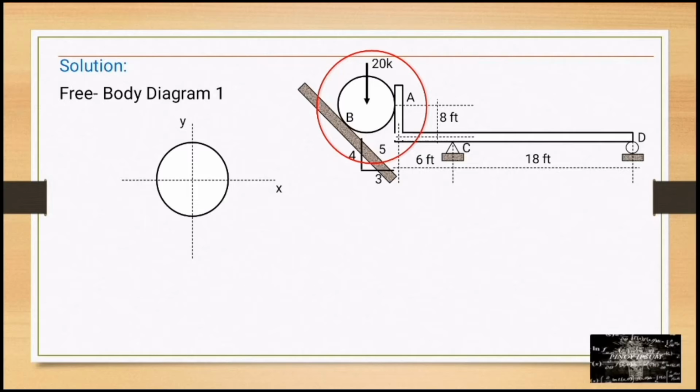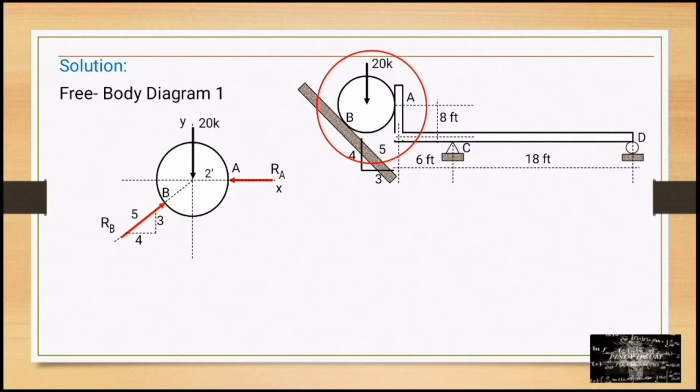Using x and y axis. Then we have 20 kips, weight ng object. Then sa point A, we have RA. Then sa point B, mayroon tayong RB.